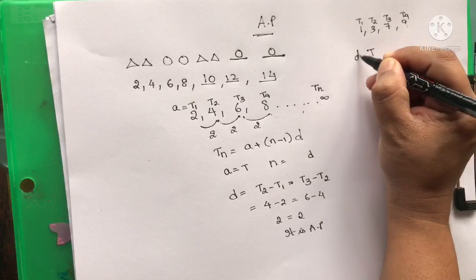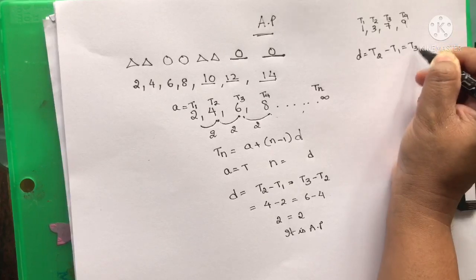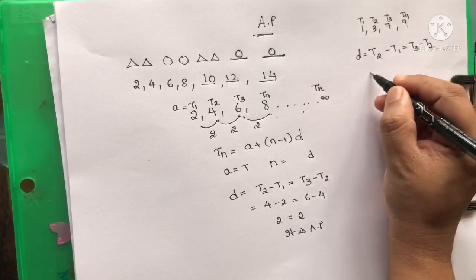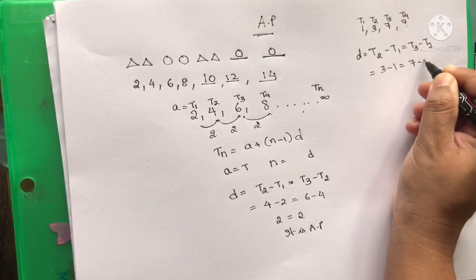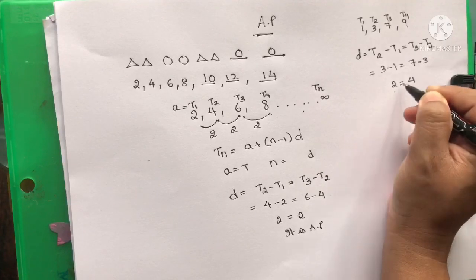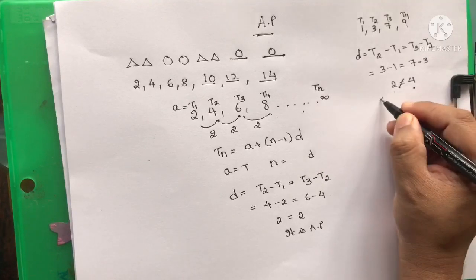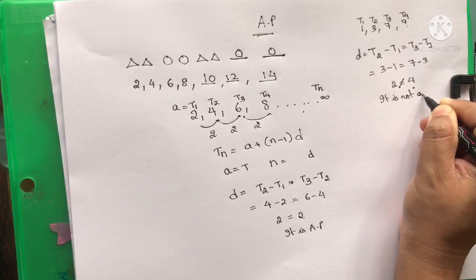So the common difference here becomes T2 minus T1 equals T3 minus T2, that is 3 minus 1 equals 7 minus 3. So it comes 2 is equal to 4. Is 2 equal to 4? No, never. So it is not an AP.